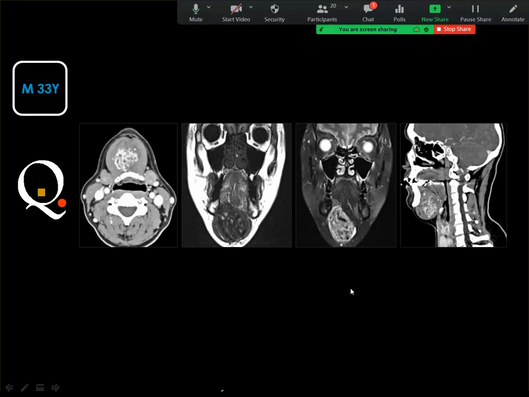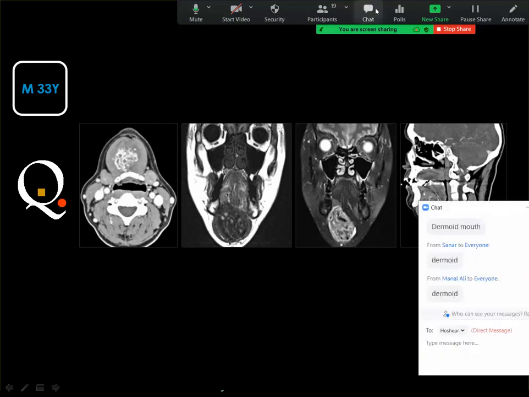And this patient with this lesion in the floor of the mouth, and the CT scan with contrast, you got this appearance. This is an MRI T1, MRI T2, and MRI post contrast.